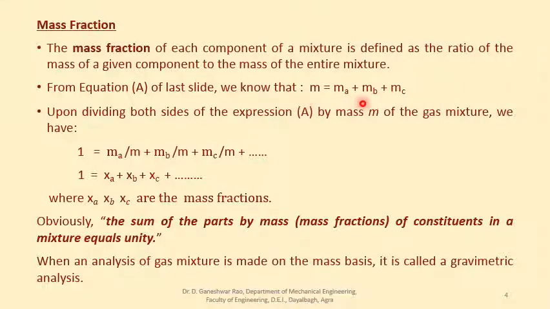Right? So this is the equation M is equal to Ma plus Mb plus Mc from the last slide, and you divide both the sides by M, then 1 is equal to Ma upon M plus Mb upon M plus Mc upon M, and so on.